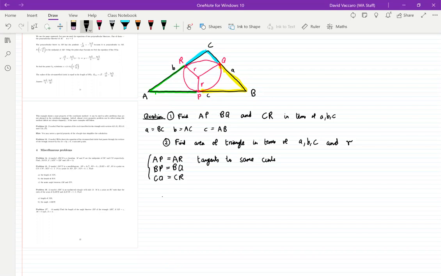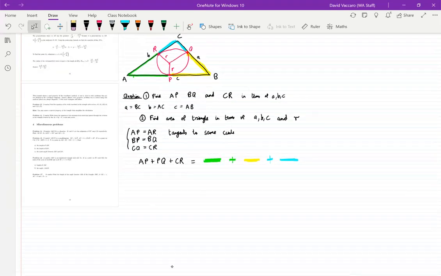Now, if I add AP plus BQ plus CR, what I've done is I've added one of the greens, one of the yellows, one of the blues. And so that's exactly half of the perimeter of the triangle.